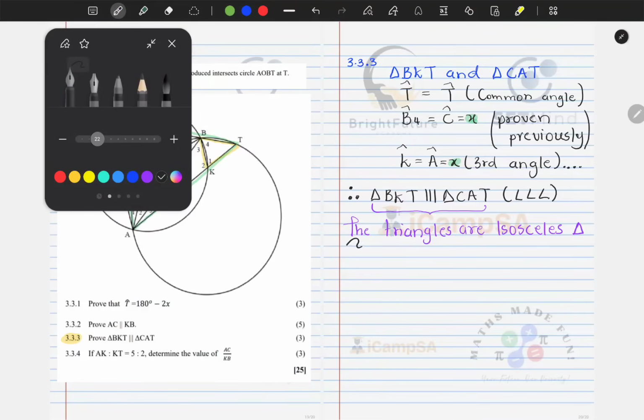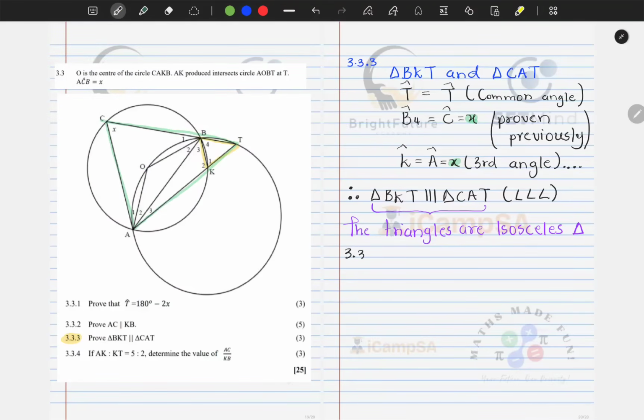So let's have a look at the next question, which is 3.3.4. We're required to determine AC over KB, if we are given that to be the case. So let's quickly figure out what is happening here.